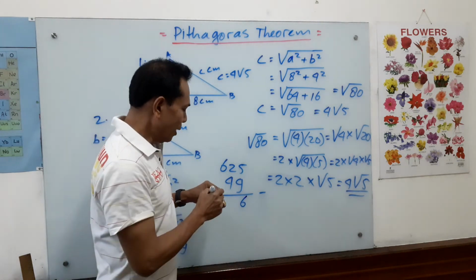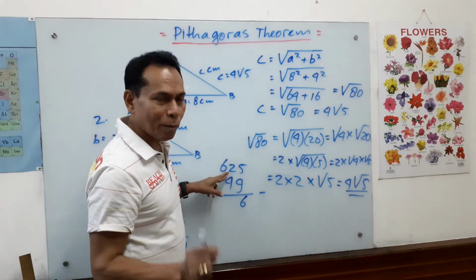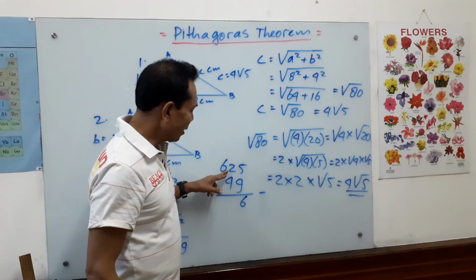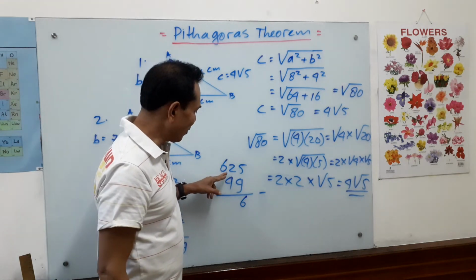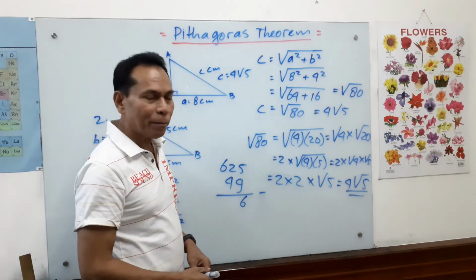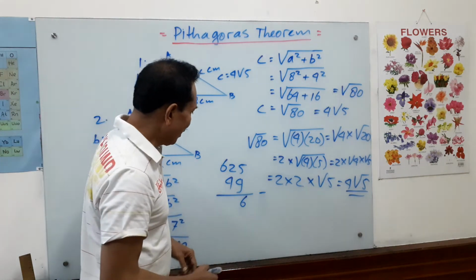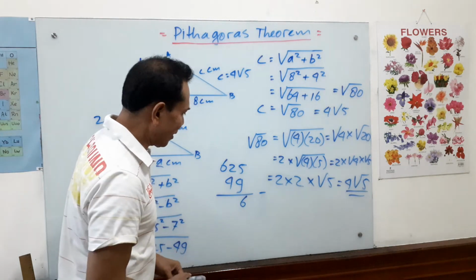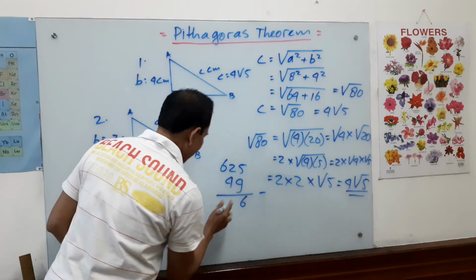Now remember we took 1 from 2, so this is no more 2 but 1. 1 cannot subtract 4, it's smaller, so we borrow 1 from the 6 here and make it 11. 11 minus 4 is 7.